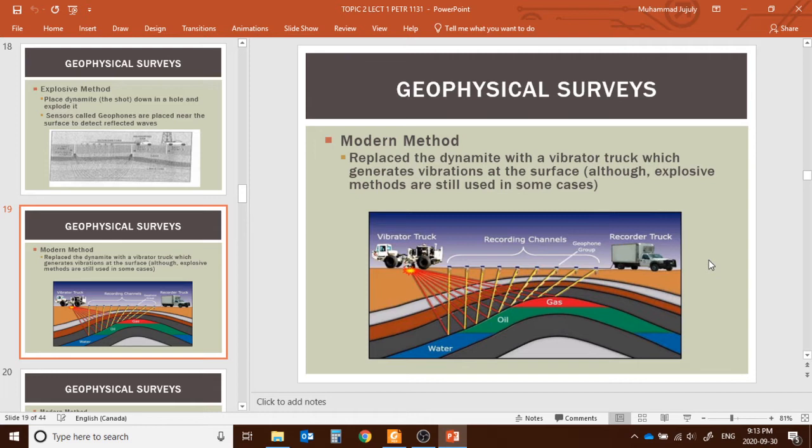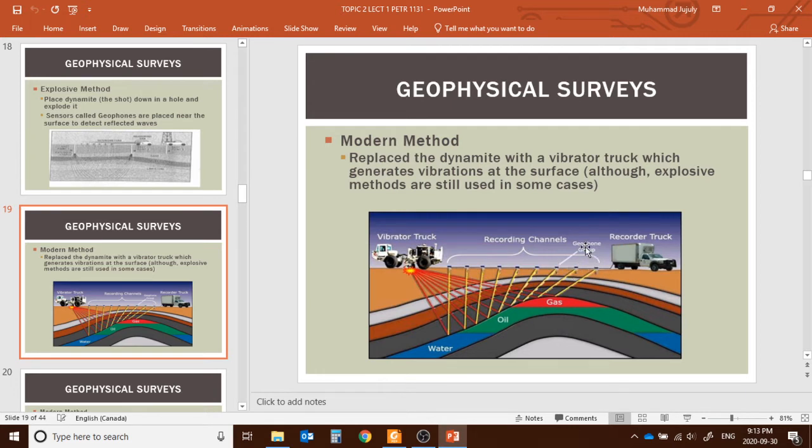Instead of using explosives, we use a type of truck we call a vibrator truck. Okay, this vibrator truck sends the signal. The working principle is very similar. It emits the signal, and as you can see, we put sensors on the ground.